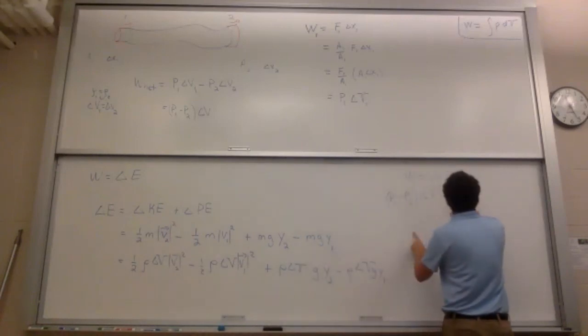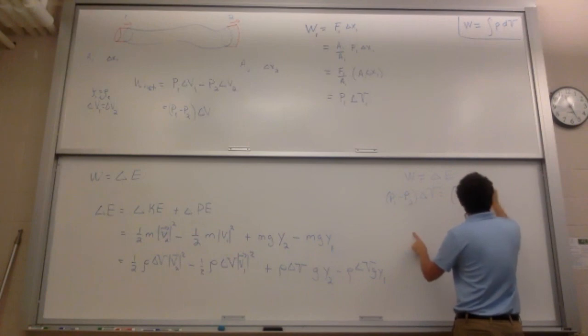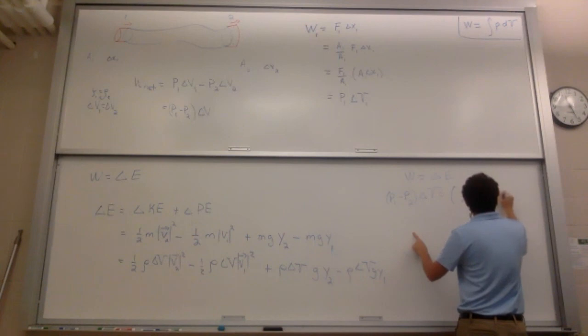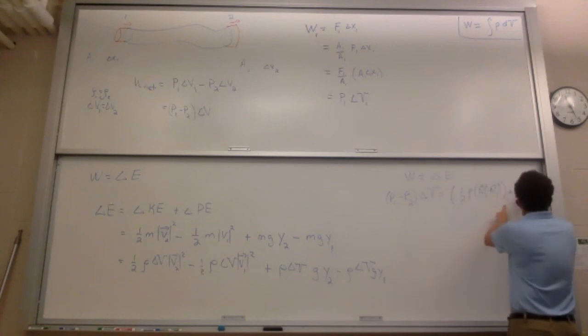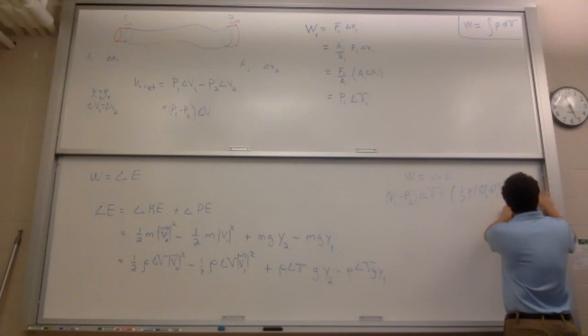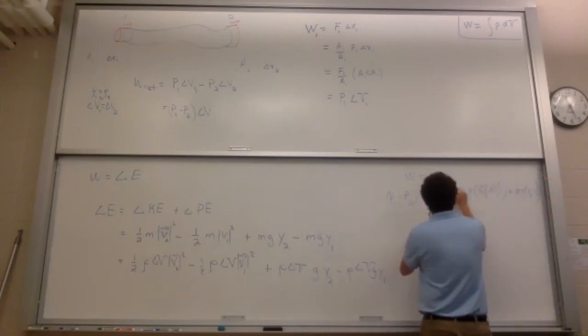So that's going to be 1/2 the density times V2 squared minus V1 squared. Those are velocities. Plus rho times G times Y2 minus Y1, and all that should be times delta V for volume.